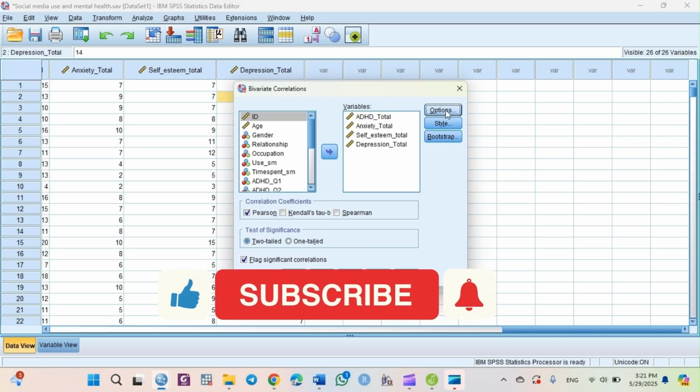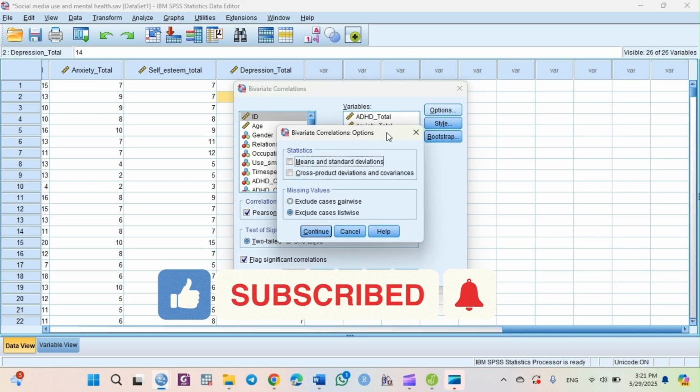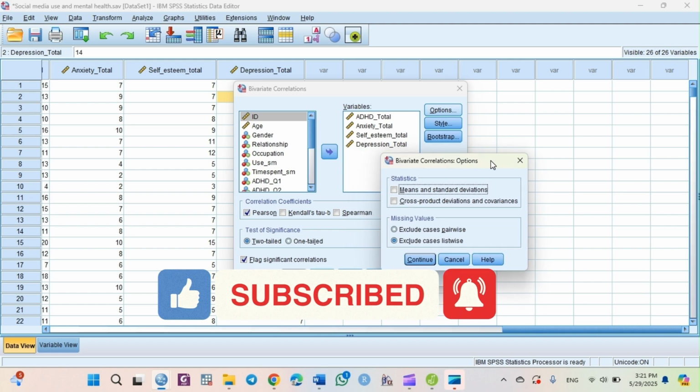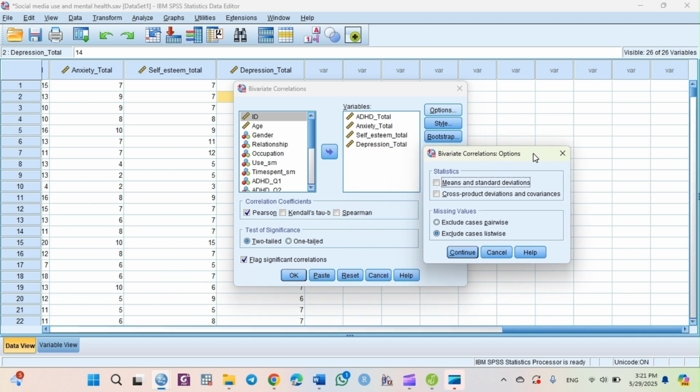And the other is options. When you click options, one of the important aspects is missing values. The default is exclude cases pairwise, and the other is exclude cases listwise. You have to select either of them. If you select exclude cases pairwise, it only removes the observations with missing data.